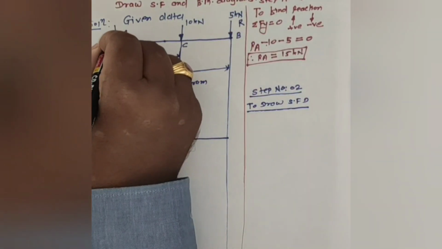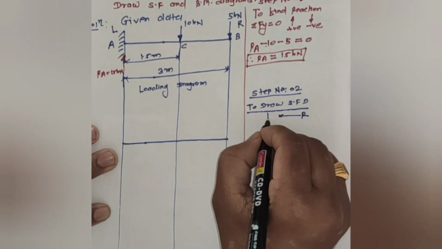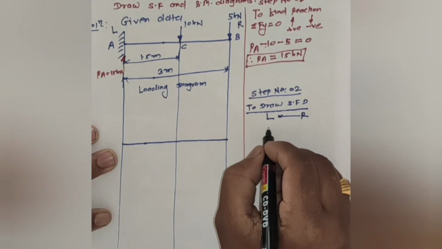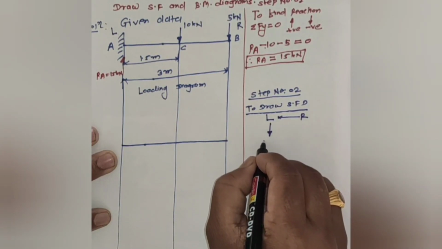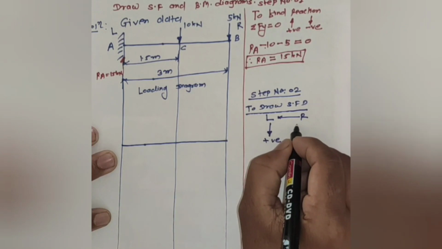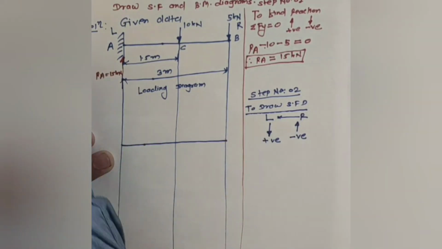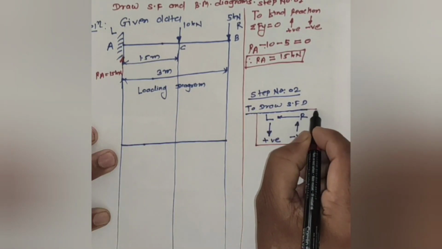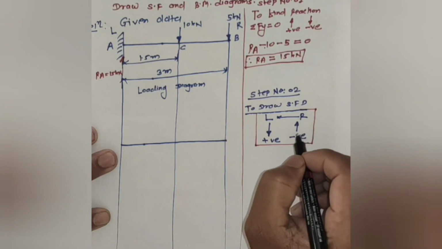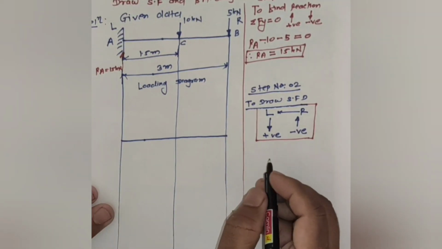For that you have to consider the sign convention: downward take it positive and upward take it negative. This is a very important sign convention to draw the shear force diagram. Okay, let's start.